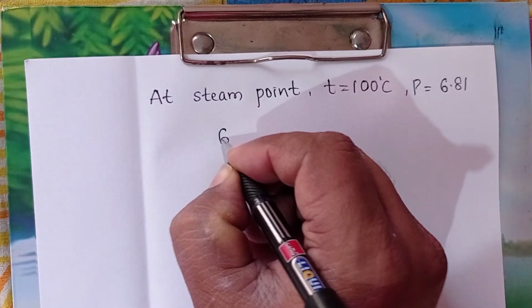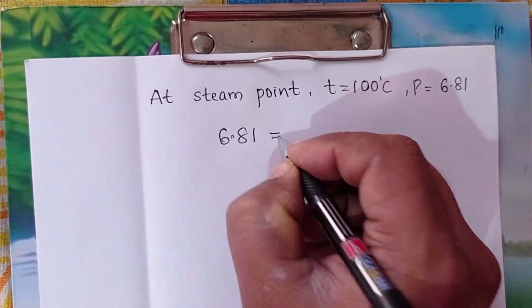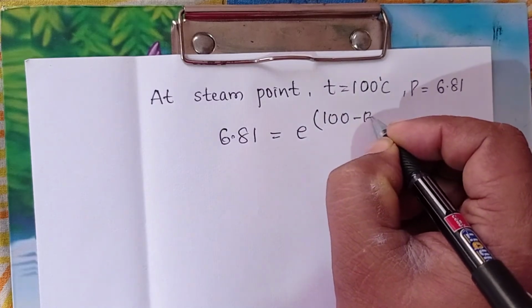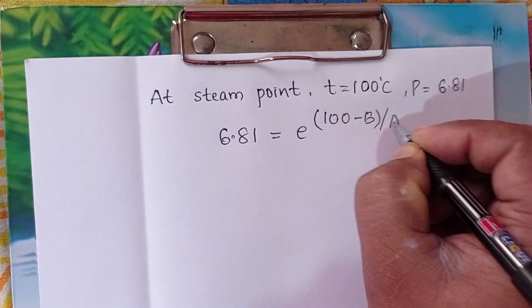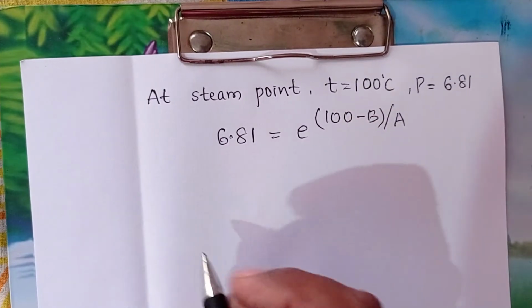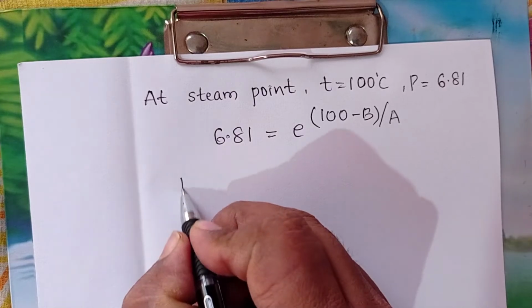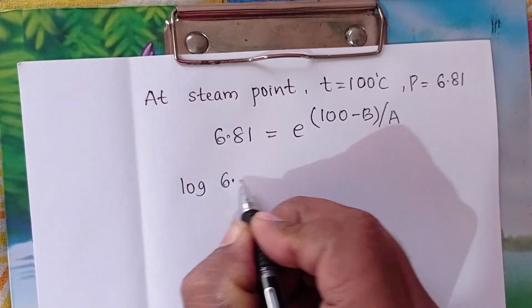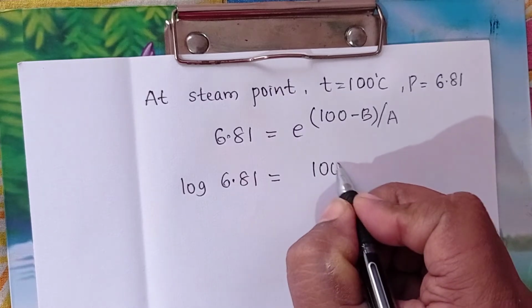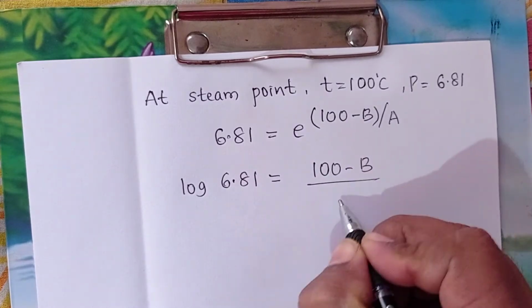I will get 6.81 will be equal to e to the power (100 minus B) divided by A. Again, if I take log, log of 6.81 will be equal to (100 minus B) by A.